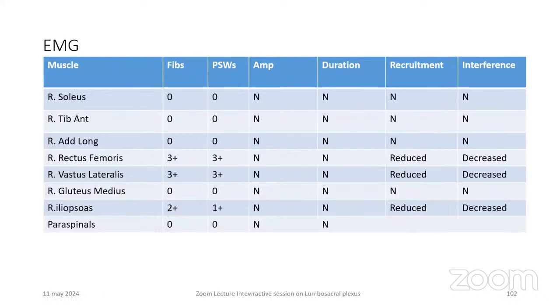So the EMG: soleus, no fibs. Rectus femoris, vastus lateralis, iliopsoas are showing fibs and positive sharp waves. These are the muscles supplied by the femoral nerve. Paraspinals are normal. Gluteus medius is supplied by the superior gluteal nerve. Adductor longus, tibialis anterior, soleus are not affected at all.